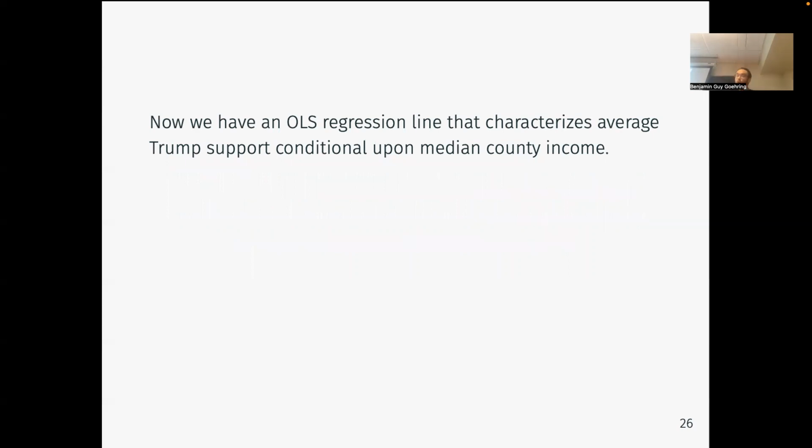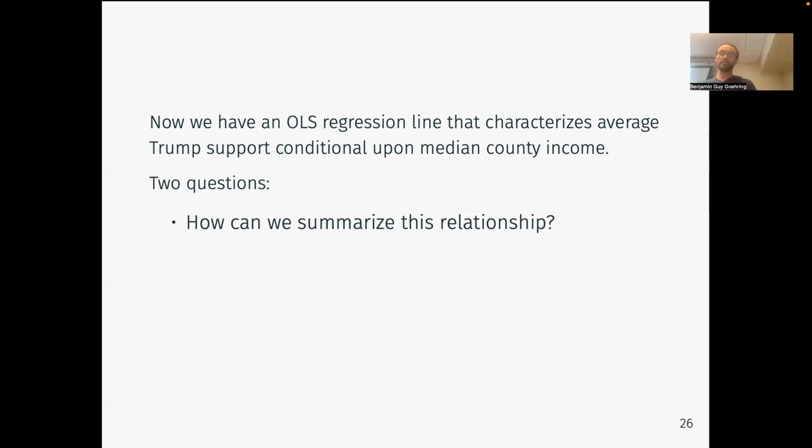Okay, so we've kind of answered our initial question. We have somewhat characterized how Trump support varies with county income, right? But there's other things we could add on to give ourselves an even better answer. One of them is, how could we more succinctly summarize this relationship?